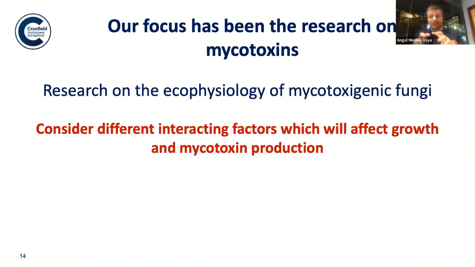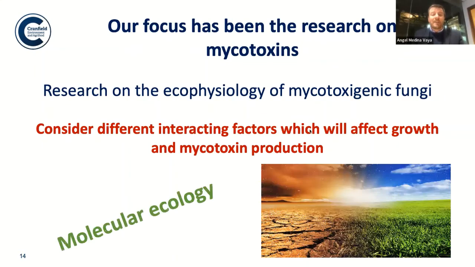What we do with these fungi is mix different environmental factors to understand how they affect the way the fungi grow and the way they produce these toxins that will end up in our food. Then we take a quite unique approach that we call molecular ecology, which I'll come back to later to explain a little better.